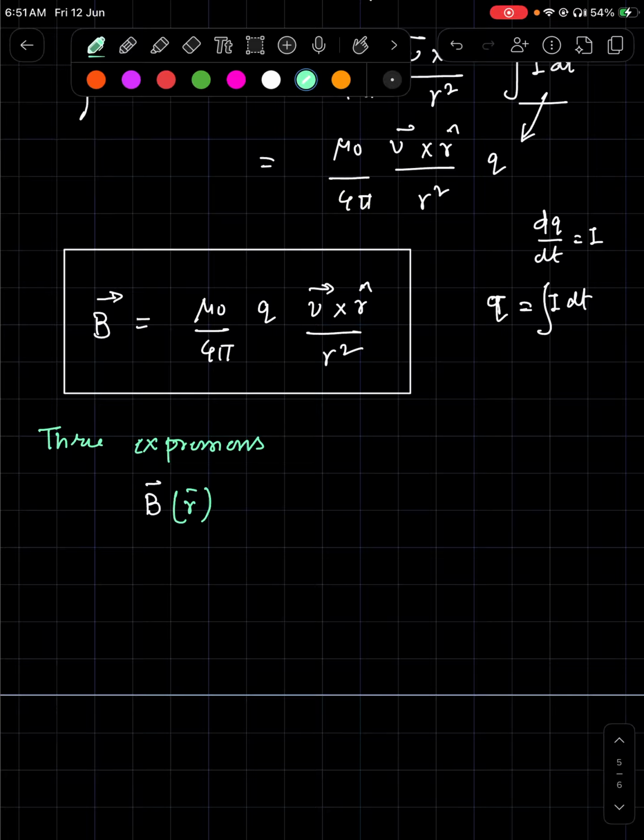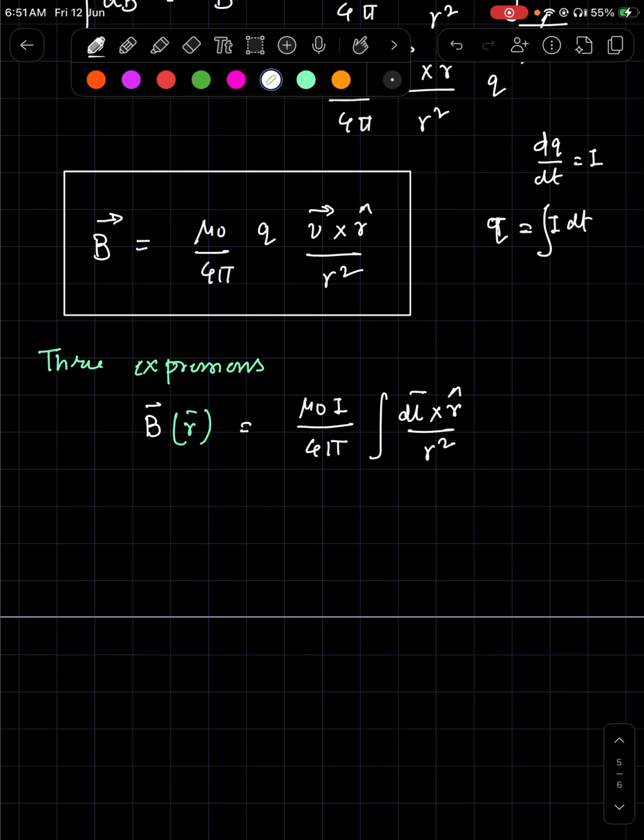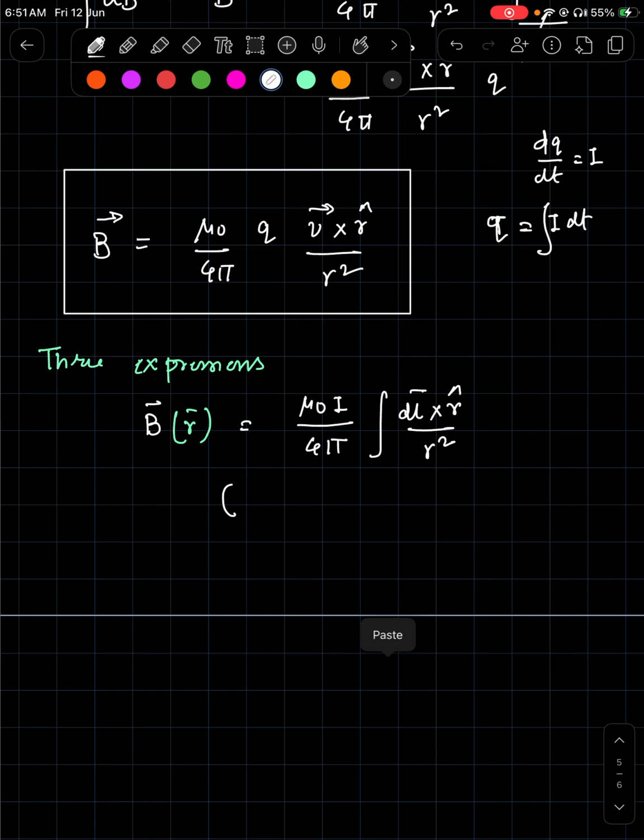One is the magnetic field due to a whole wire carrying uniform current I, at R.